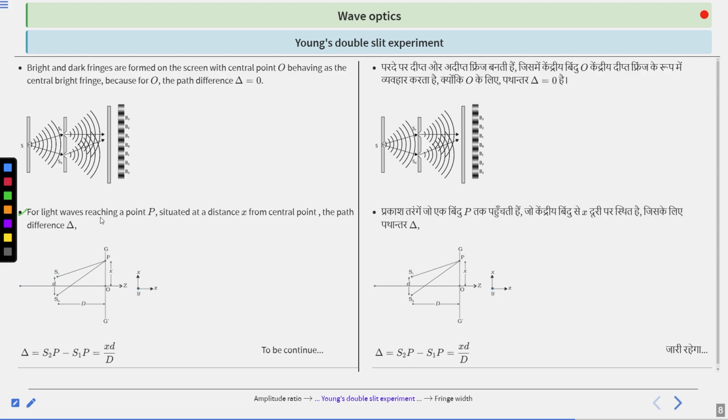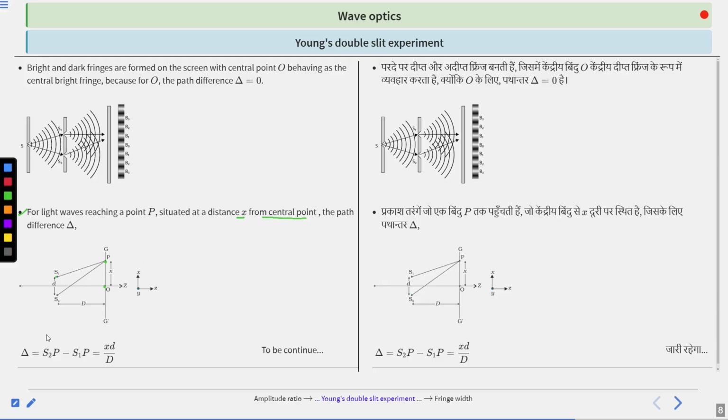For light waves from S1 and S2 reaching point P, situated at a distance x from the origin, or the central point, the path difference is denoted by delta.